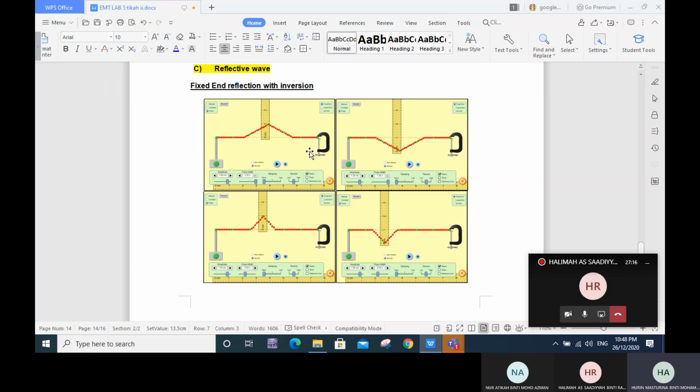Here we can see when we allow a pulse to propagate through the string, the pulse is on the way to the right end with the amplitude of 1 cm measured by the ruler, as we set the amplitude at 1 cm.